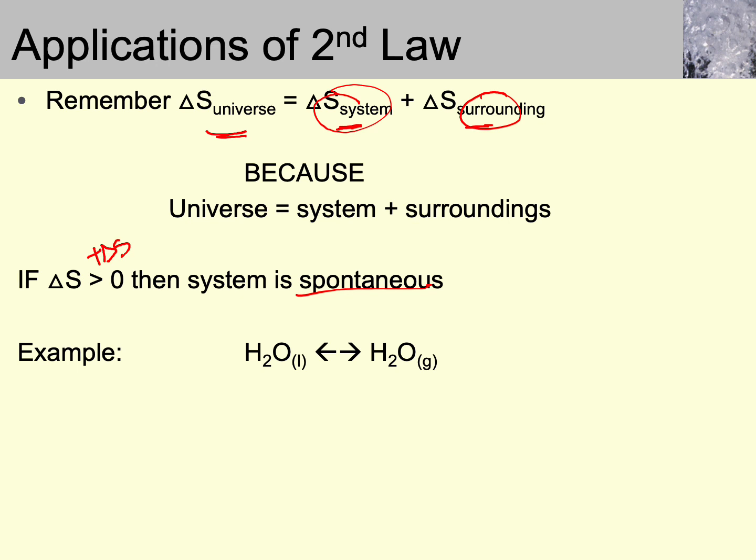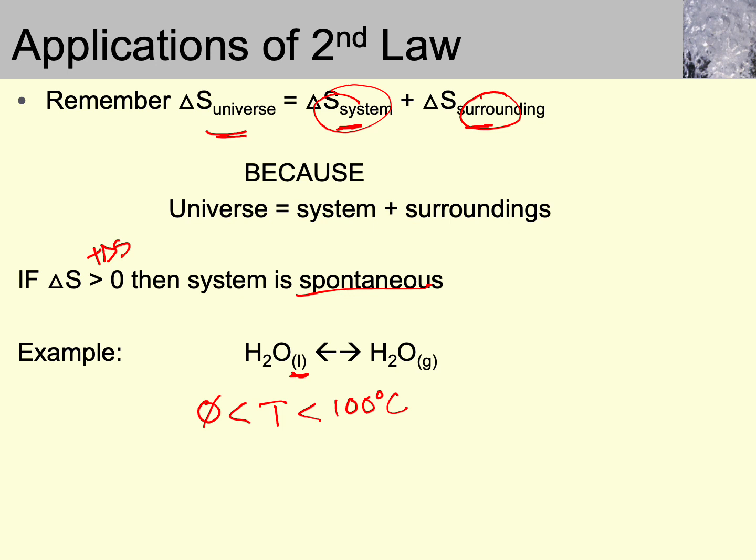Let's look at how temperature does affect this. So at a lower temperature, if temperature is between 0 and 100 degrees Celsius, then the spontaneity is going to lie to the left because it's going to be mostly liquid form.